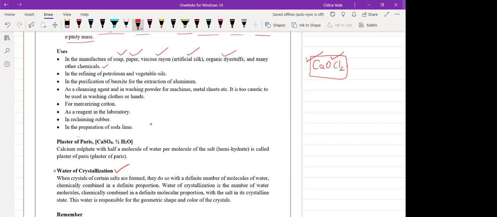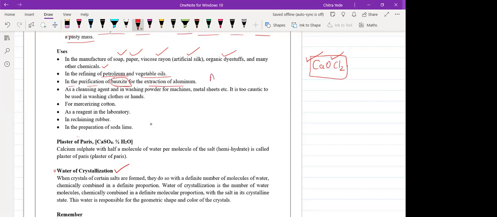It is used in refining of petroleum and vegetable oils also. In the purification of bauxite, the ore of aluminum. Ore means the raw material which is obtained after mining and used for extraction of metal. It's called ore, beta, and the ore of aluminum is called bauxite.